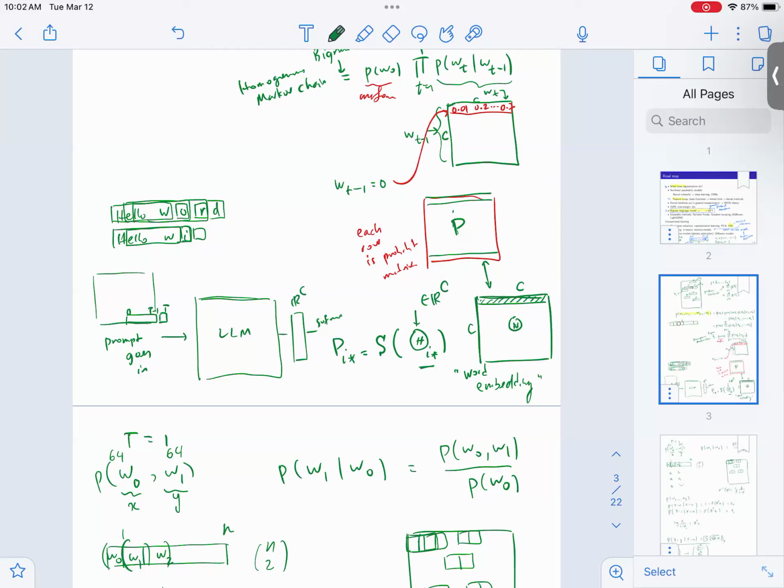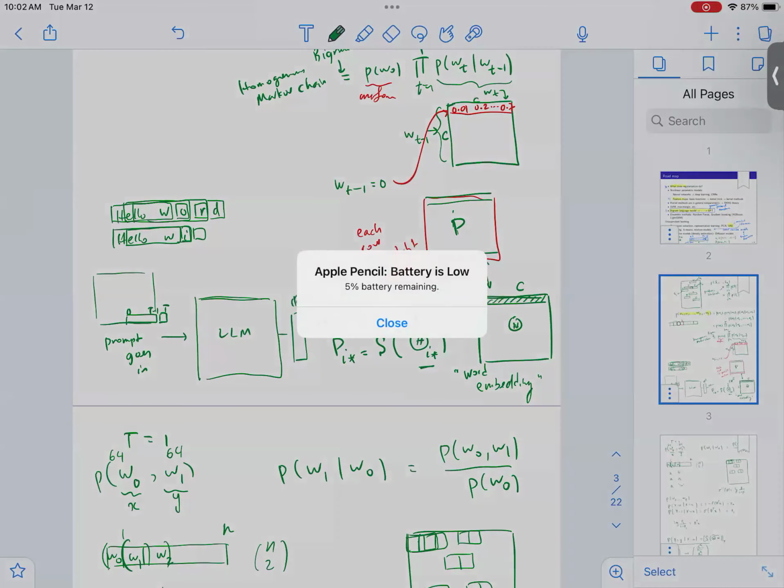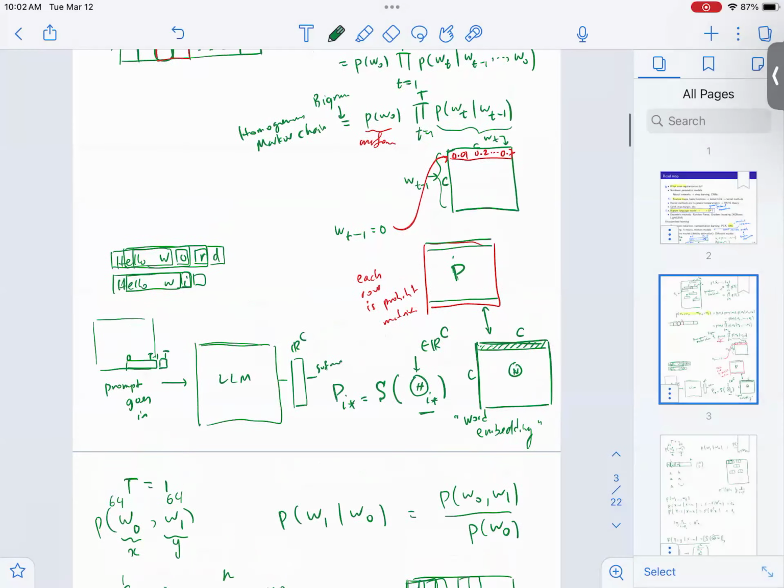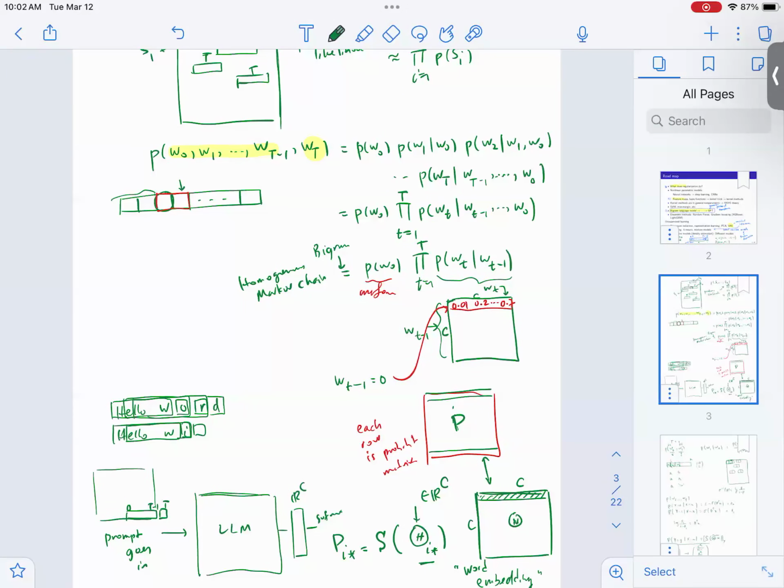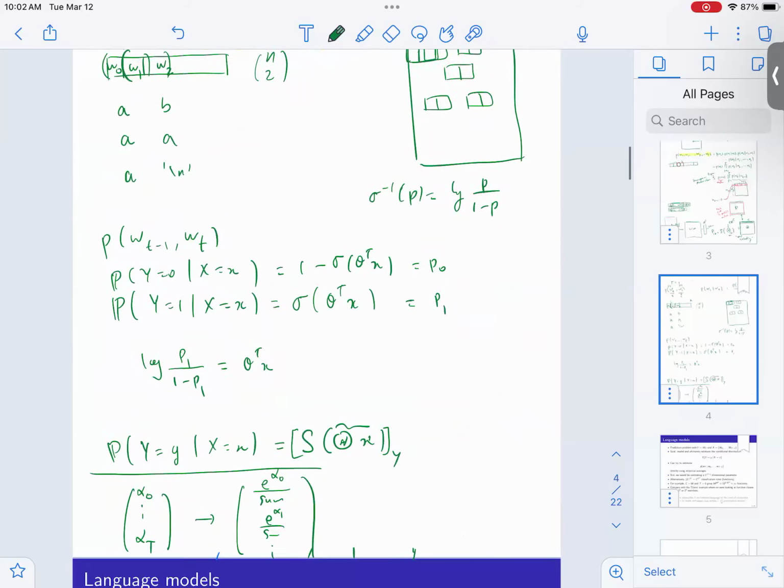I can show you in the code. You have to go back to the lecture we did on softmax regression.